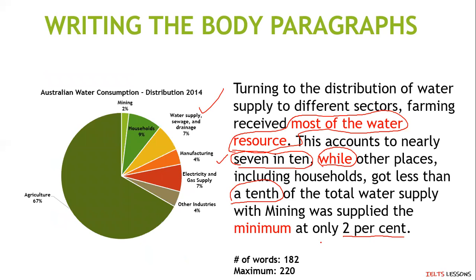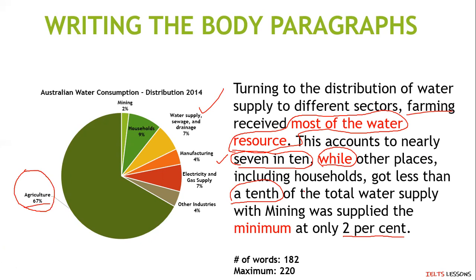All right. So here, first sentence, general comparison. Turning to the distribution of water supply to different resource sectors, farming received most of the water resource. We change agriculture to farming. This accounts for nearly 7 in 10, that's 67%.